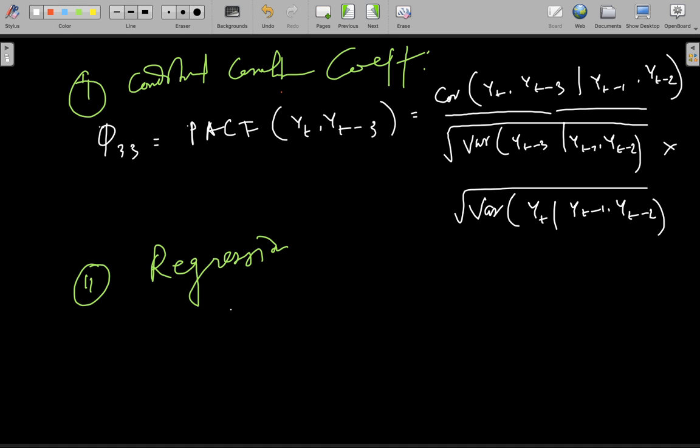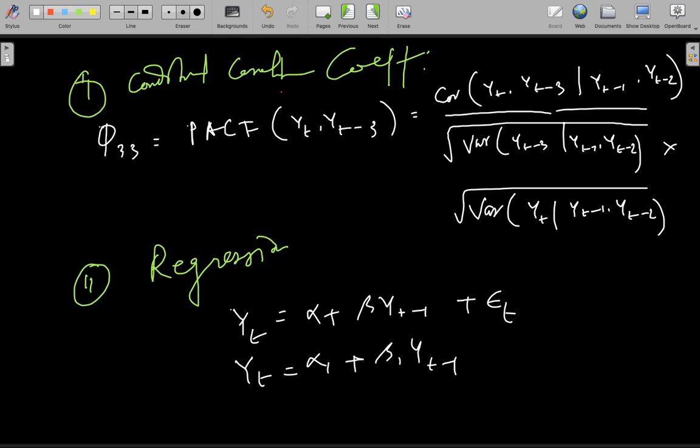For example, my AR(1) model is nothing but a regression model, and I would be able to write something like alpha plus beta yt minus 1 plus epsilon. If I have an AR(2) model, I'll be able to write alpha 1 plus beta 1 yt minus 1 plus beta 2 yt minus 2 plus epsilon t.